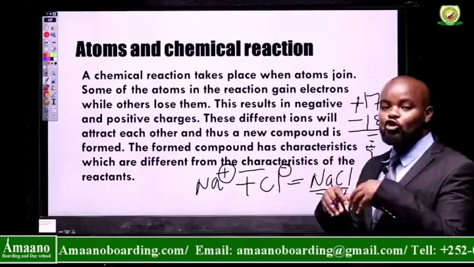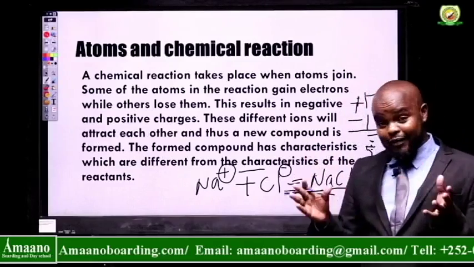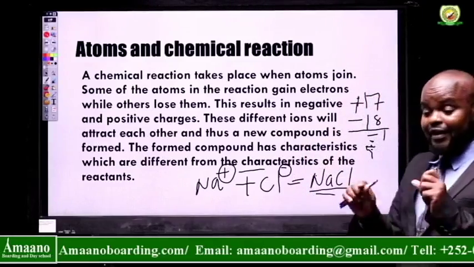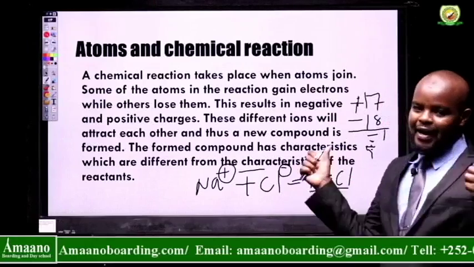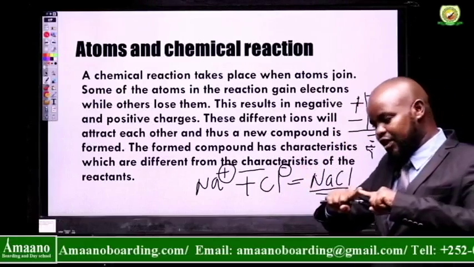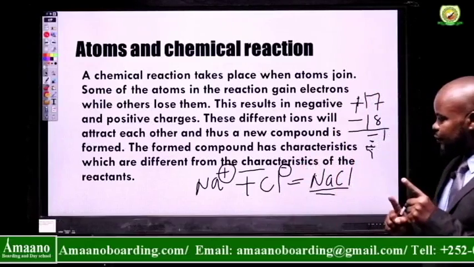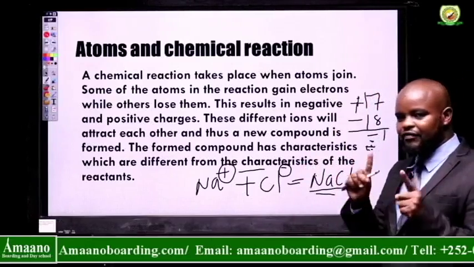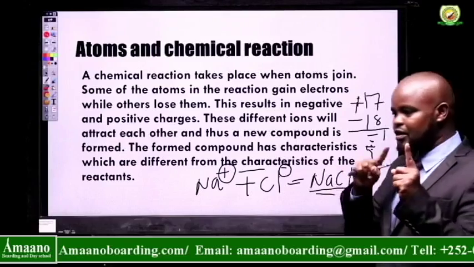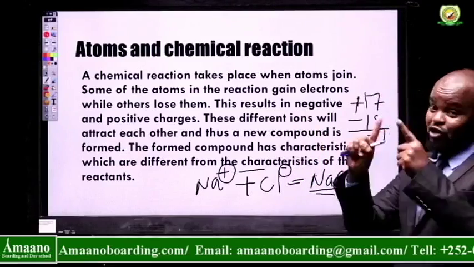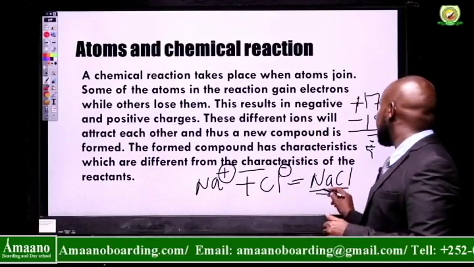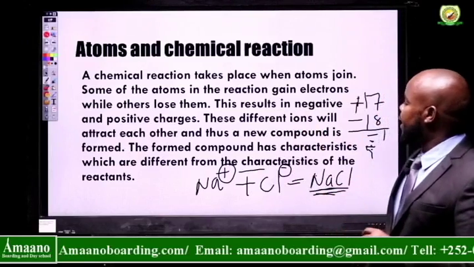They attract because they are different. Even in magnetism, we studied that likes repel, unlikes attract. So these are unlikes. The sodium is positive, the chlorine is negative. They have different charges. Then they attract, right? And they form a compound.